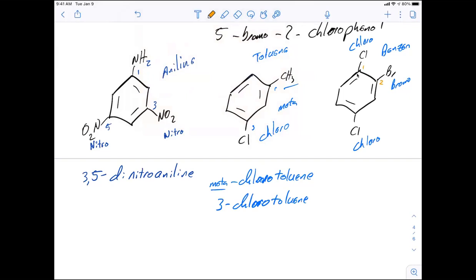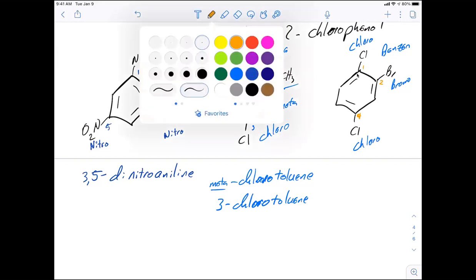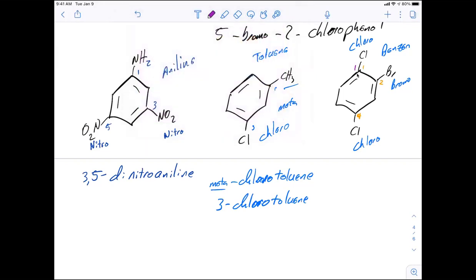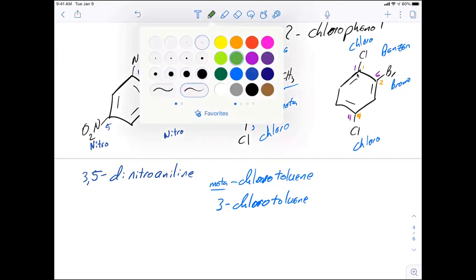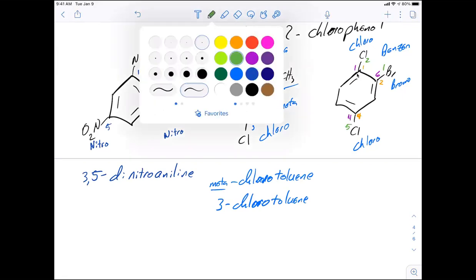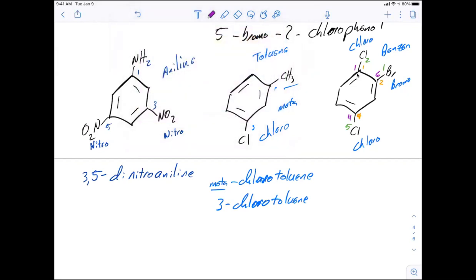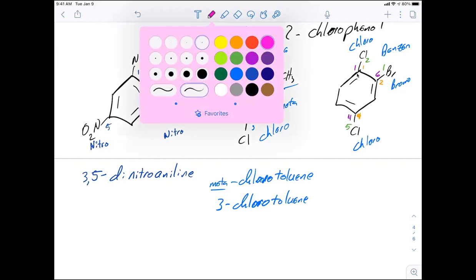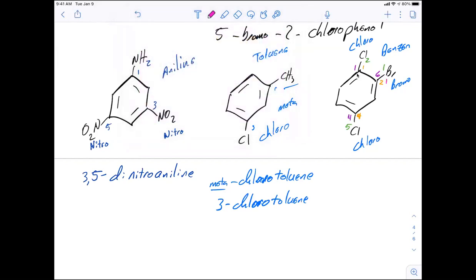1, 2, 3, 4. That's one possible numbering system. We can use the purple: 1, 2, 3, 4, 5, 6. We could use 1, 2, 3, 4, 5 for the green, or for the fuchsia color. Oh, I already used that one. The pink color, I could have 1, 3, 4, 5, 6.